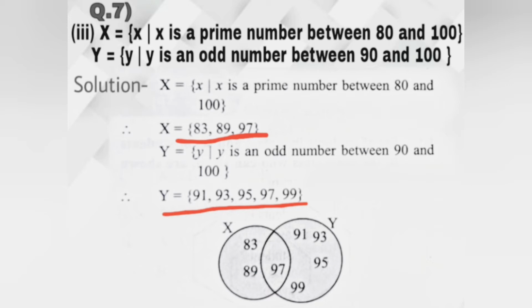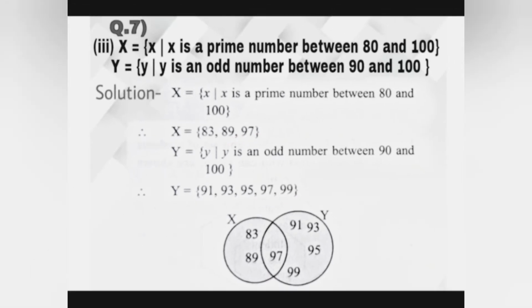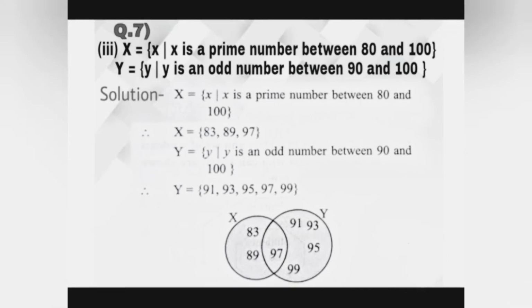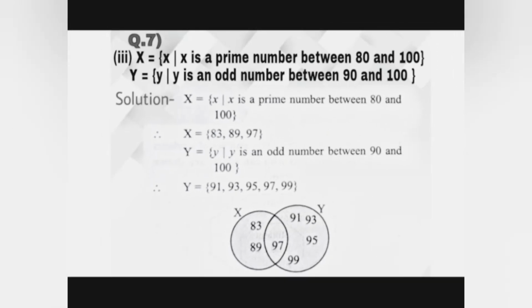Now we have to draw the Venn diagram of the union of these sets. How will we draw the Venn diagram? The intersection, the common element, is 97.